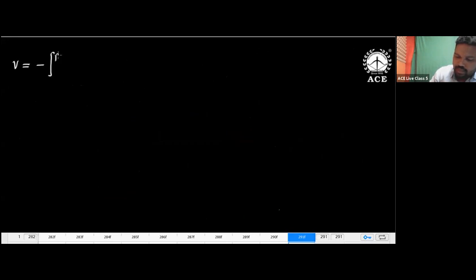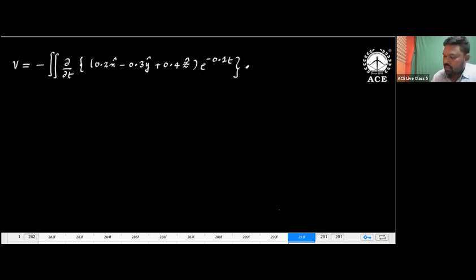Minus surface integral of dou by dou t of 0.2 x cap minus 0.3 y cap plus 0.4 z cap into e to the power of minus 0.1 into t, with differential area dx into dy into z cap.